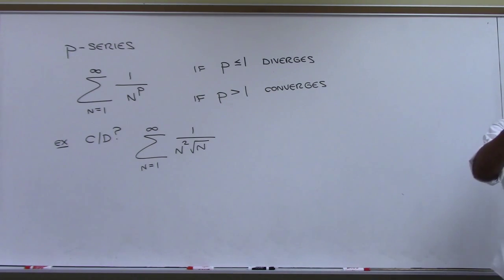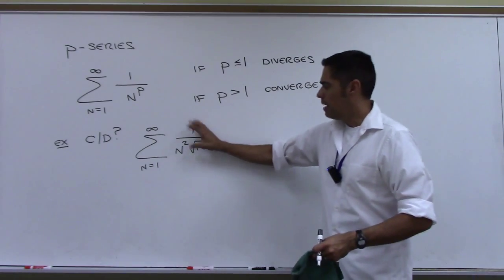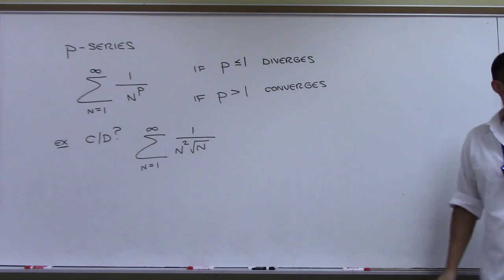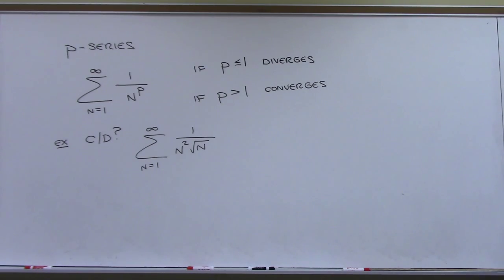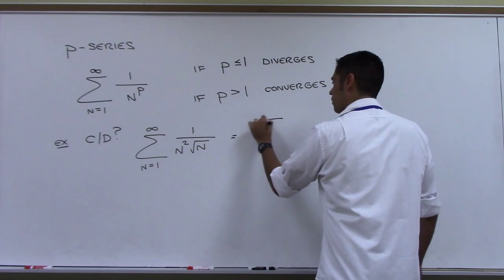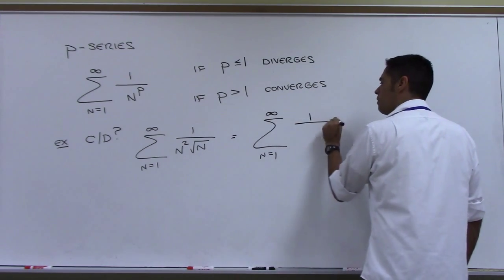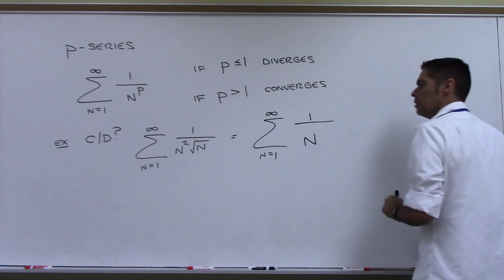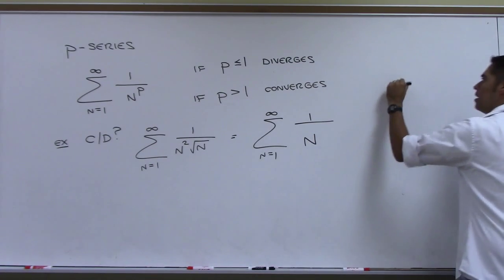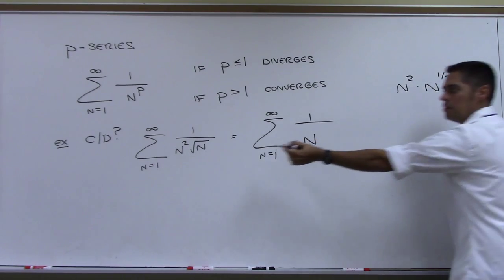Oh, Nth Term Test. What would happen if we did Nth Term Test? That would go to 0, which doesn't tell us anything. So really, we're kind of running out of options here. So is it a p-series? I could rewrite that as 1 over n to what power? It's n squared times n to the half, isn't it? That's what that means?